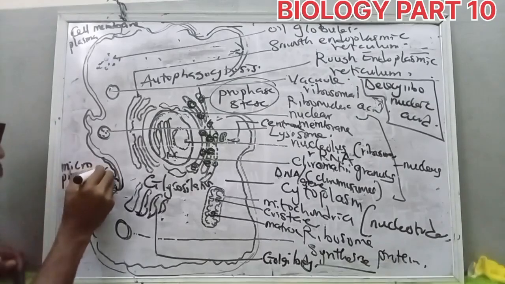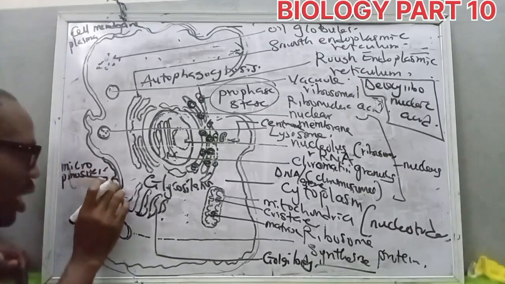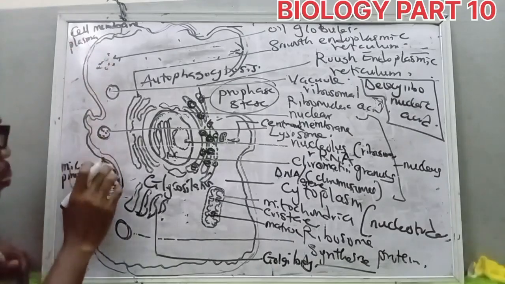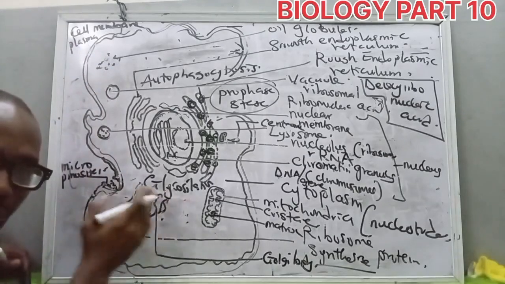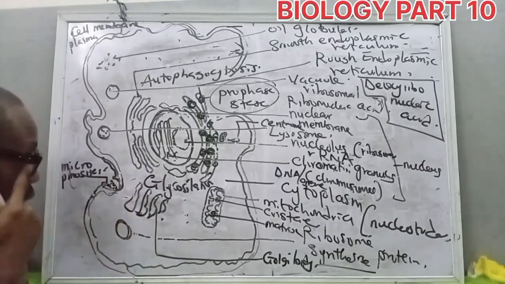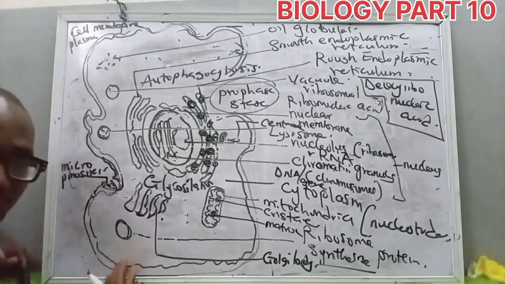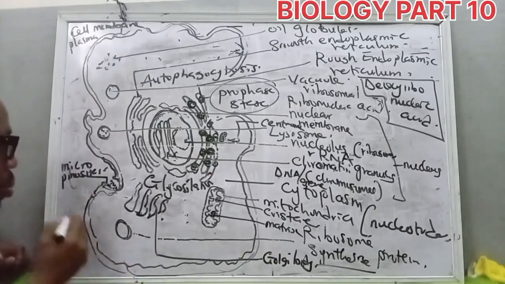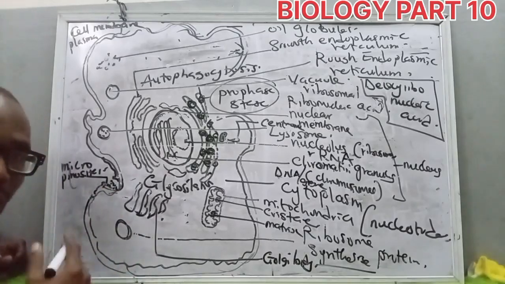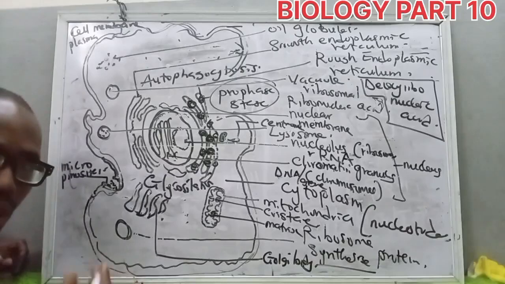What is micropinocytes? These are tiny pores found outside around this plasma membrane. They help exchange of materials to take place between the cell and the outer environment. Micropinocytes are where pinocytosis and phagocytotic processes take place.